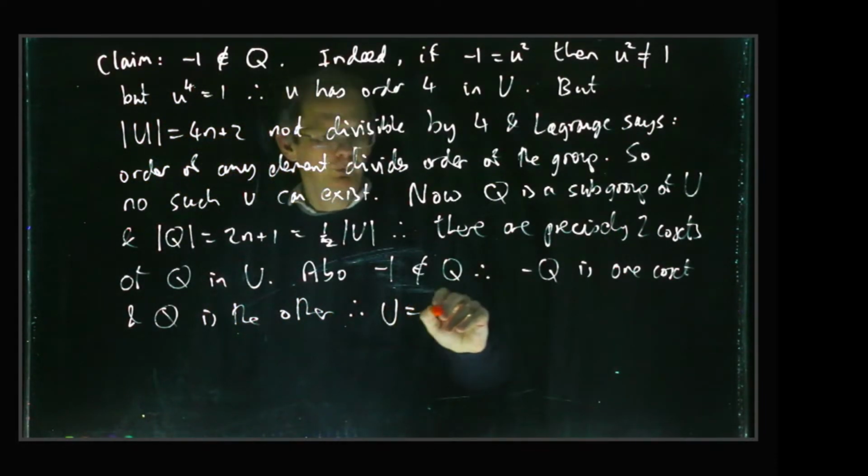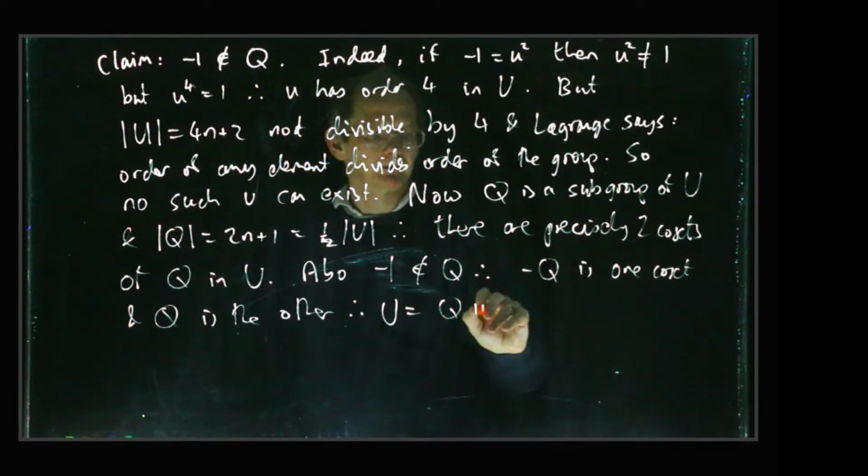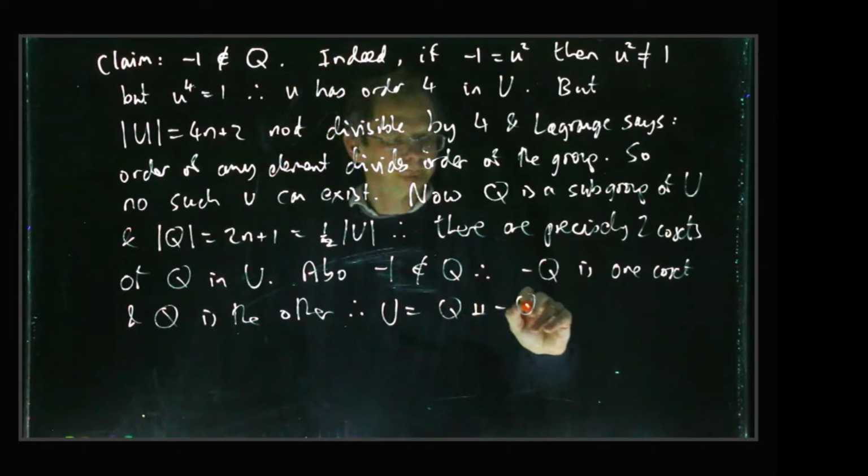So therefore U has got to be Q disjoint union with minus Q.